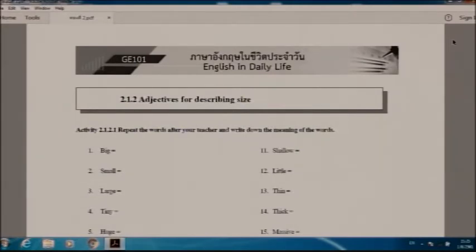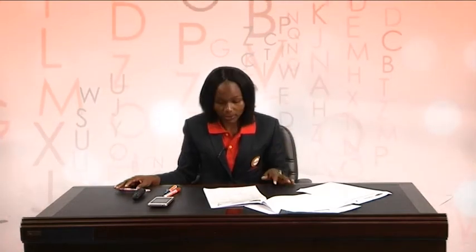High mountain. We have gigantic. We have enormous. Enormous, something huge, giant, massive, it is enormous.